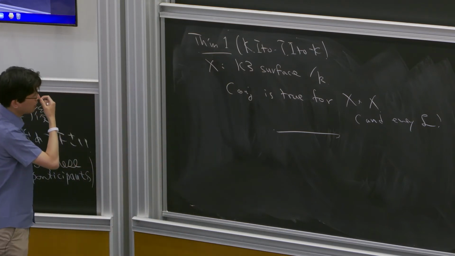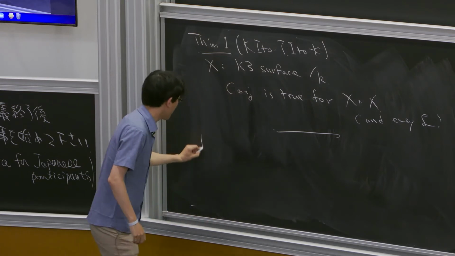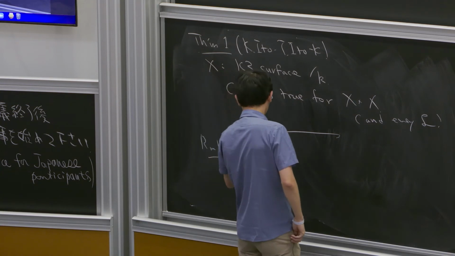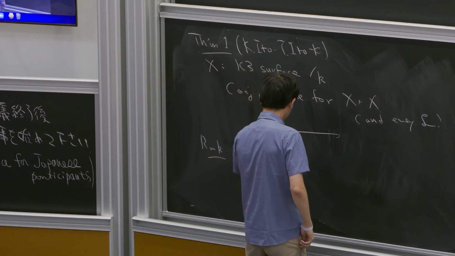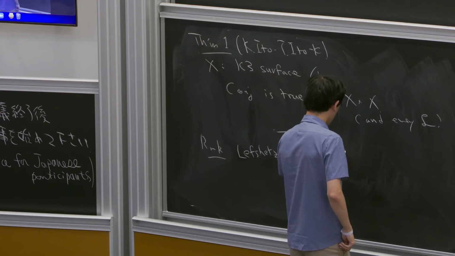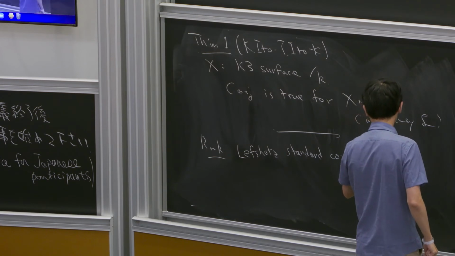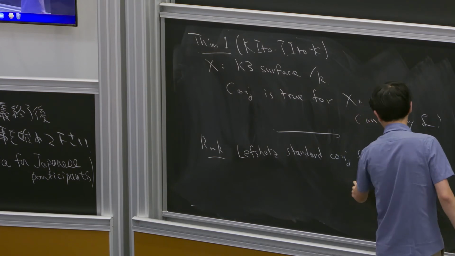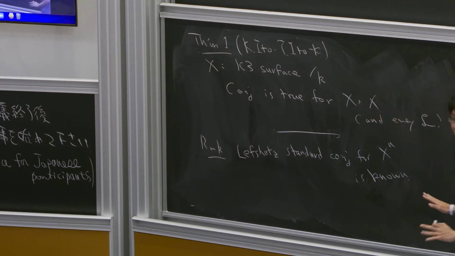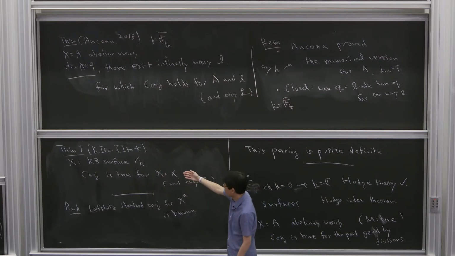And in this case, a remark: the Lefschetz standard conjecture for powers of a K3 surface is known. This is easy. And so all standard conjectures are true for X times X.